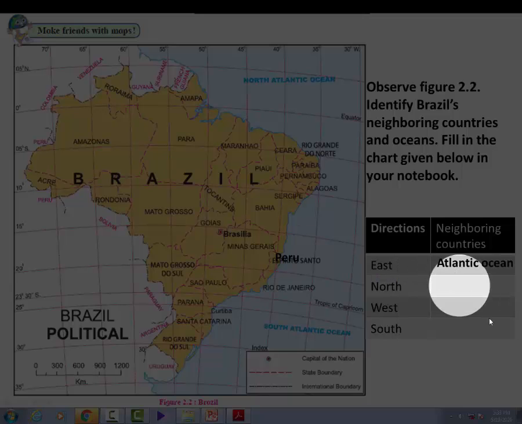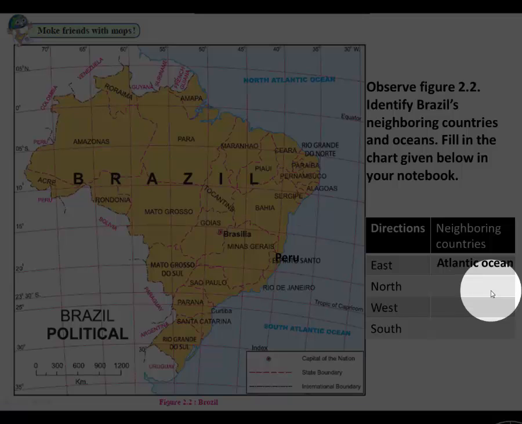Now from the north direction, yes, from north the country is Colombia. Now this is the north side. Now see here, Colombia is here. So many other countries are also there.